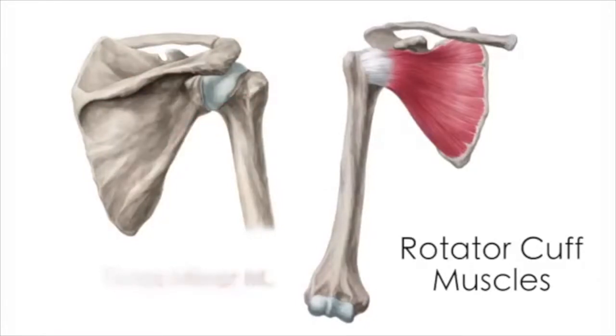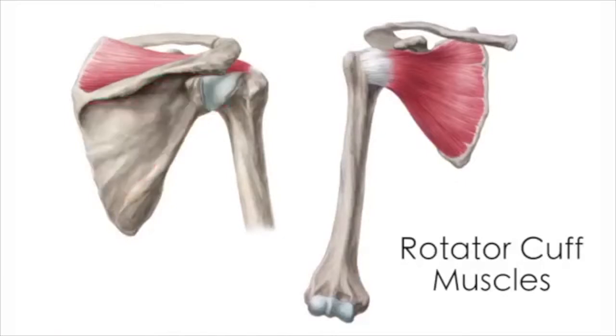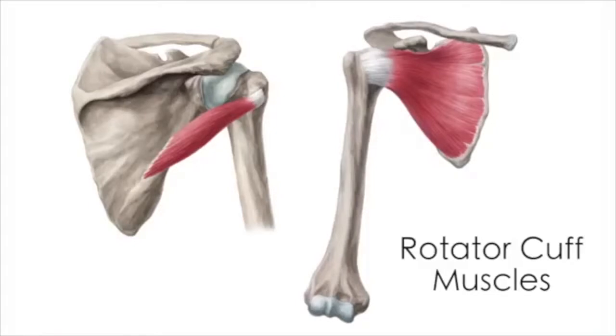Both the infraspinatus and supraspinatus originate on the scapula and then will insert on the greater tuberosity of the humerus. And also the teres minor is originating on the scapula and goes all the way to insert as well on the greater tuberosity of the humerus.